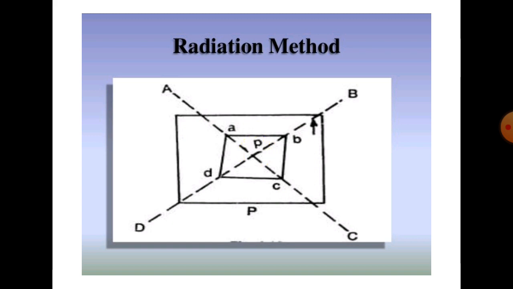So fix the point P and mark this point by a wooden peg. This is the first step of the radiation method. First we mark the point by the wooden peg, and then above the wooden peg we fix the plane table.